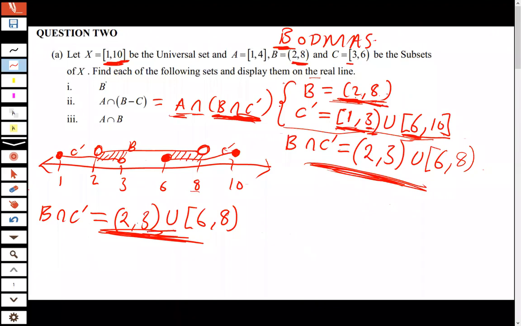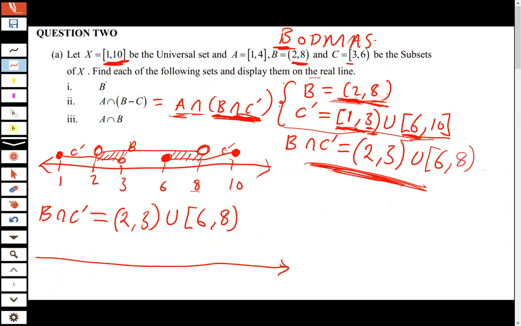So intersecting this same set with A, let me just draw a different number line. I'll draw a quick different number line. I'll also just put important numbers.